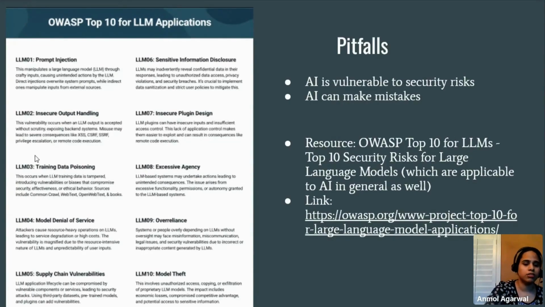So a lot of people are also over-relying on AI. So that's another risk, like, I'm not going to code manually anymore. I just want to use whatever Copilot tells me, or I'm going to ask ChatGPT to write my Python script for me. And that's not a good idea because AI can hallucinate and it can make things up.